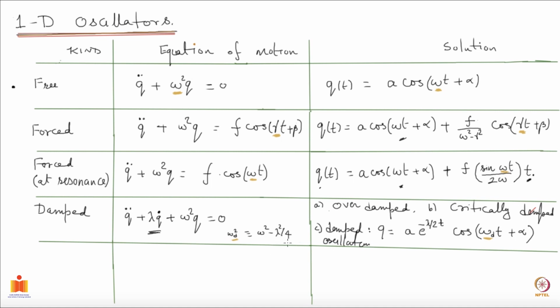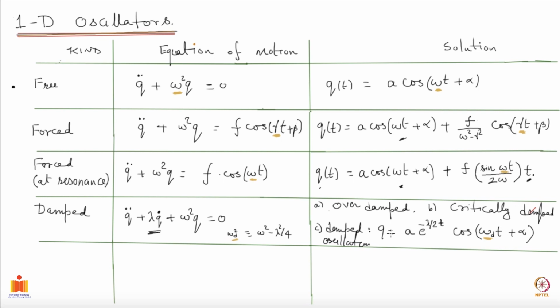So you see omega d is lesser than the natural frequency, and of course the amplitude of these oscillations also decays with time. So if you wait long enough, because of this exponential, the q would be 0, or practically 0.